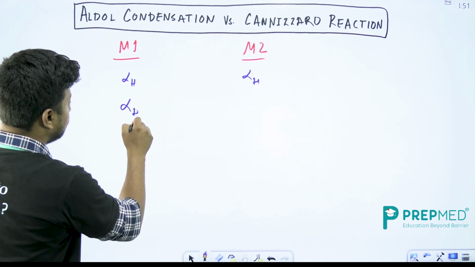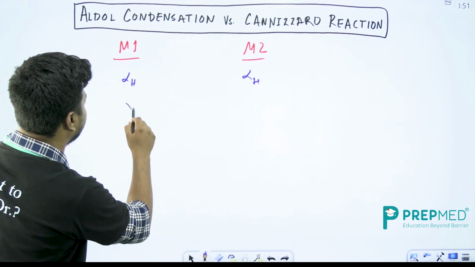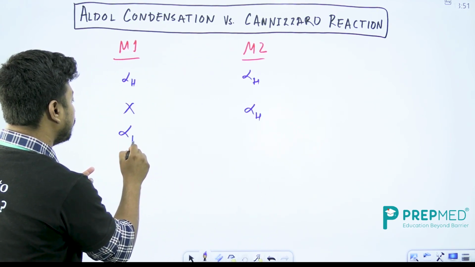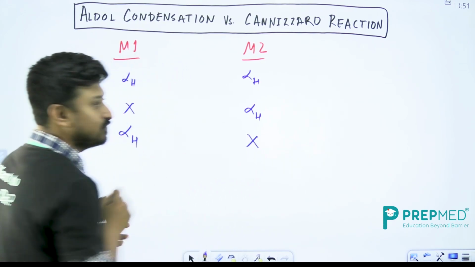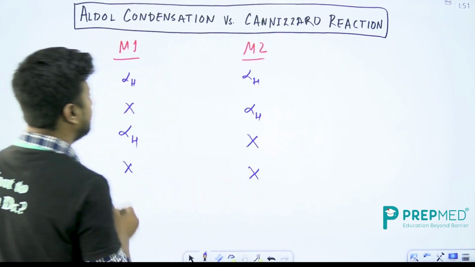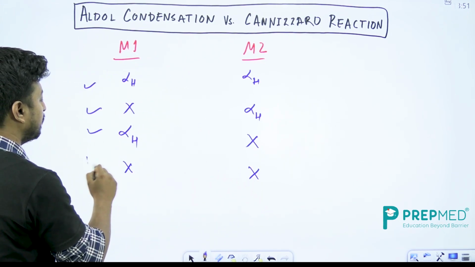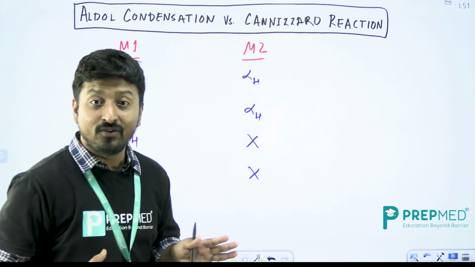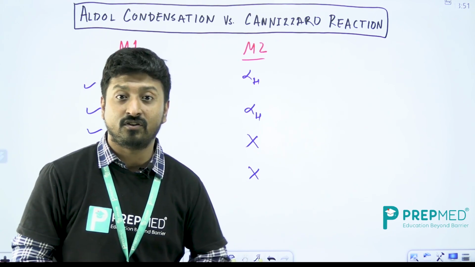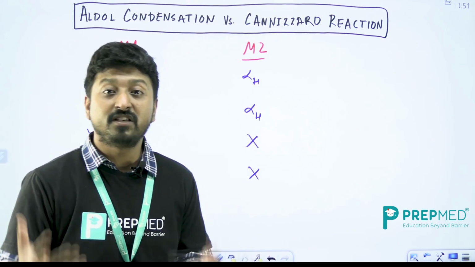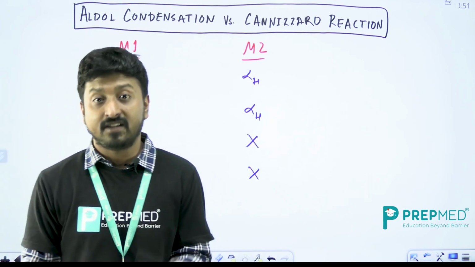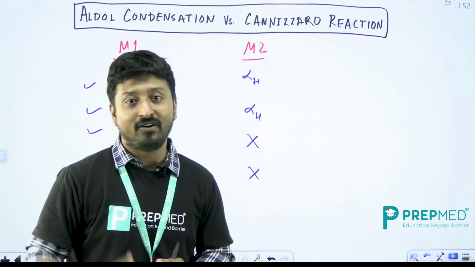Here there is no alpha hydrogen, but this molecule has alpha hydrogen. Or reversely, this molecule has alpha hydrogen, this molecule has no alpha hydrogen. Or there is no alpha hydrogen here, no alpha hydrogen here. So there are 4 different cases, known as the cross Aldol condensation, and also known as the cross Cannizzaro condensation. It happens where we get a mixture of different kinds of products, mixture of Aldol products, mixture of Cannizzaro products, and that we will talk about in the next video.